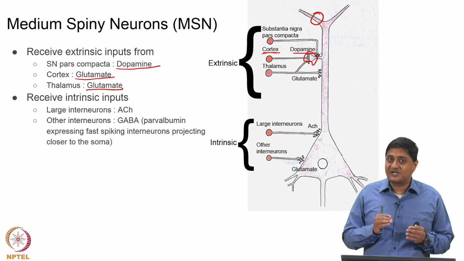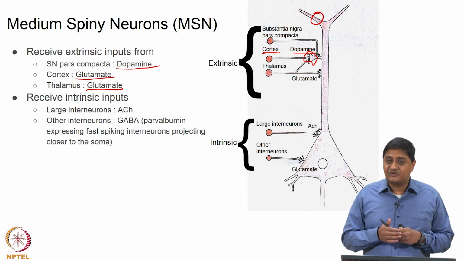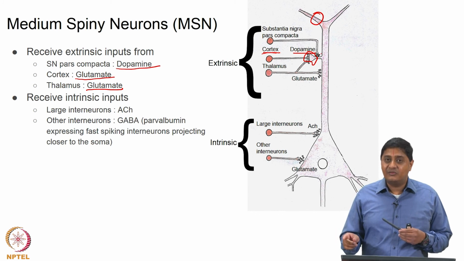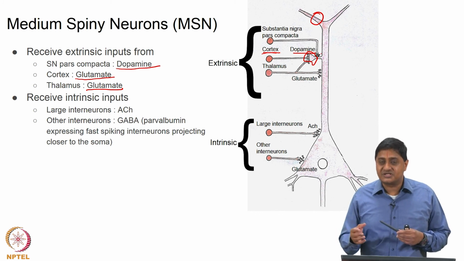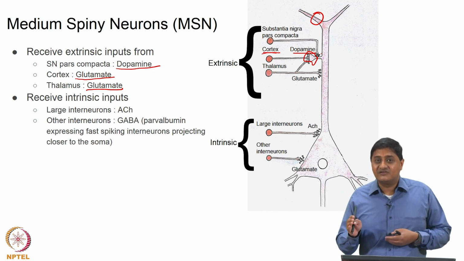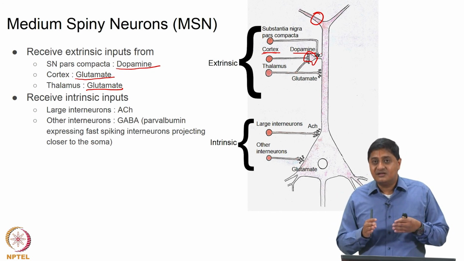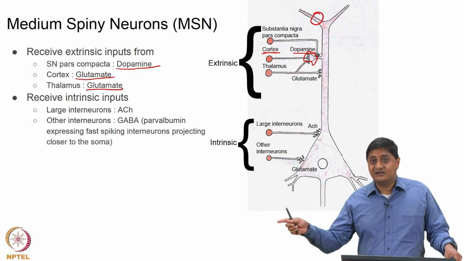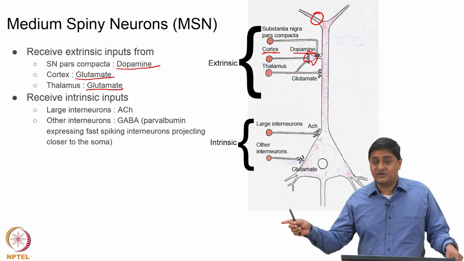Whenever there is an action potential in the medium spiny neuron, what is going to happen? GABA is going to be released, and onto what structures? Basically, GABA is going to be released onto the pallidal neurons. If it is a GPA neuron, GABA is going to inhibit the GPA neuron, which is inhibiting the output neurons or the thalamocortical neurons.